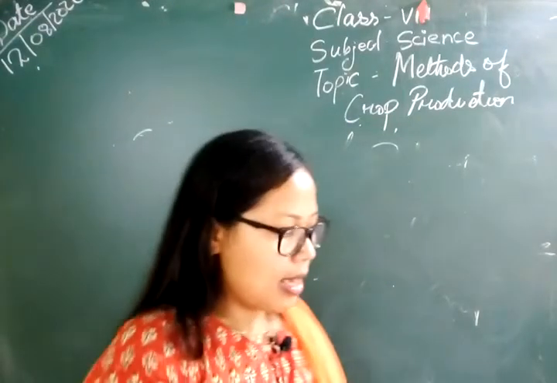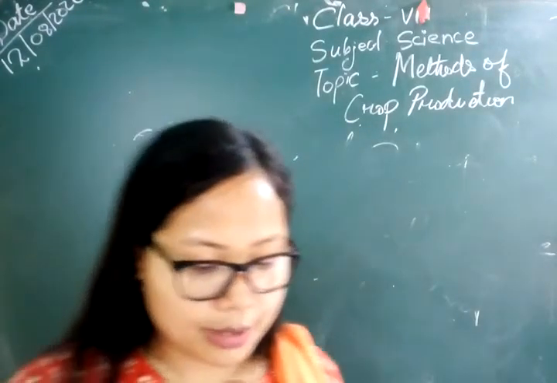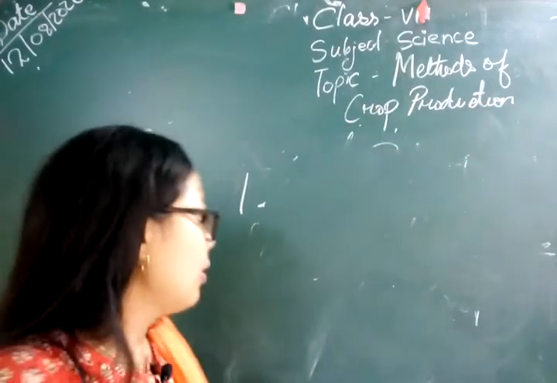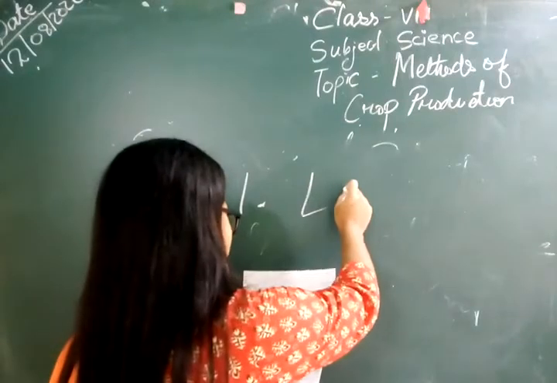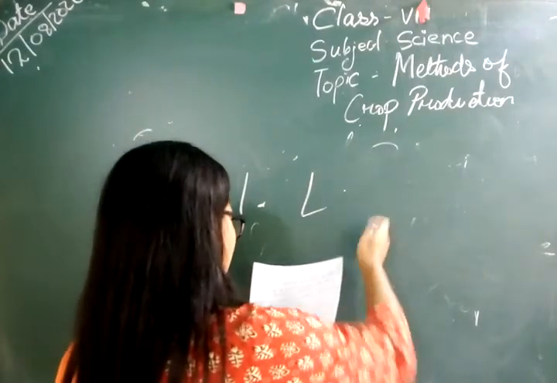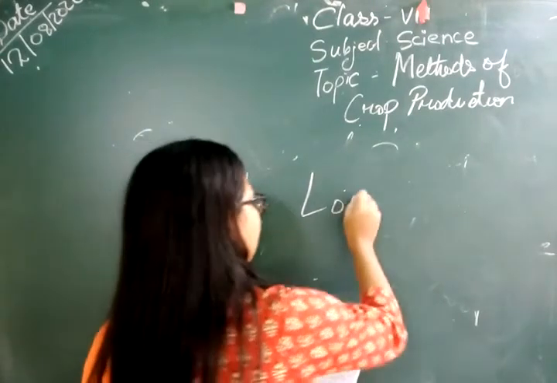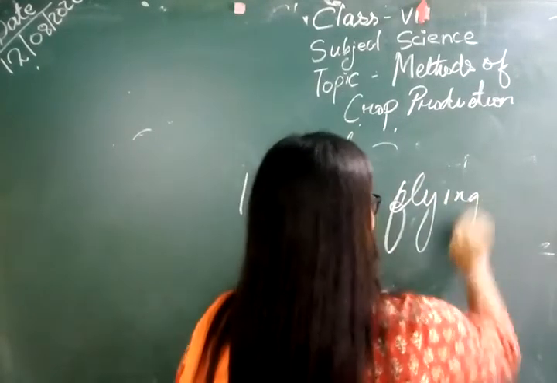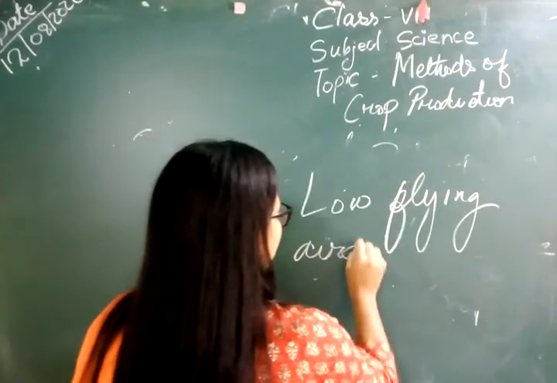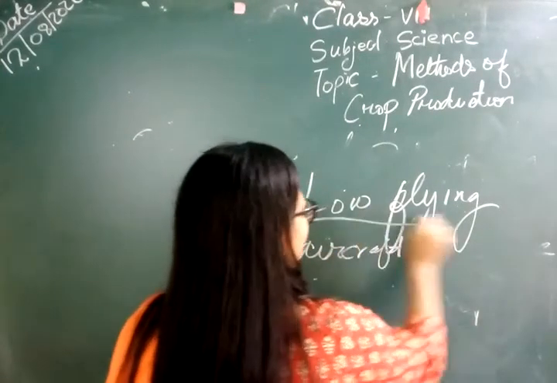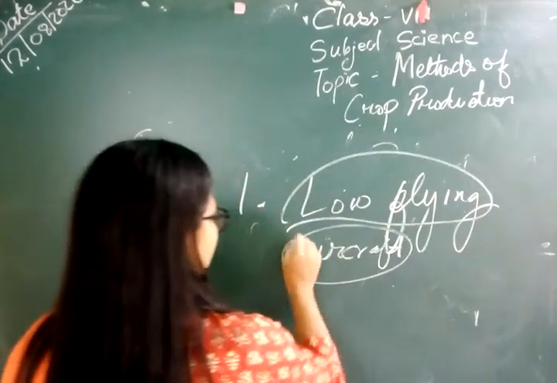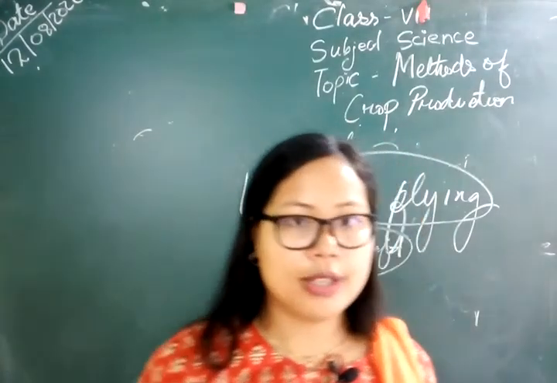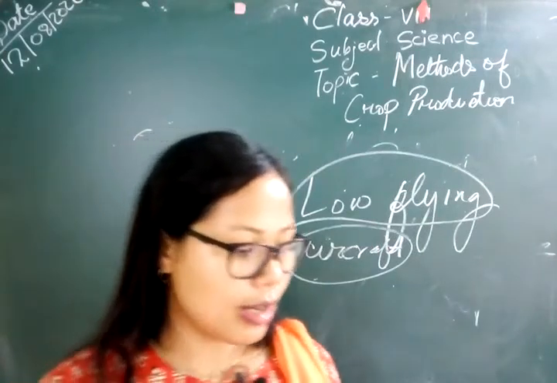First one is sprayed by hand-operated machines or by low-flying aircraft in fields and roads. By low-flying aircraft. And this is only applied when the crop field is very large.